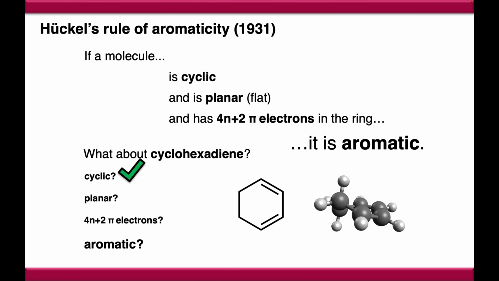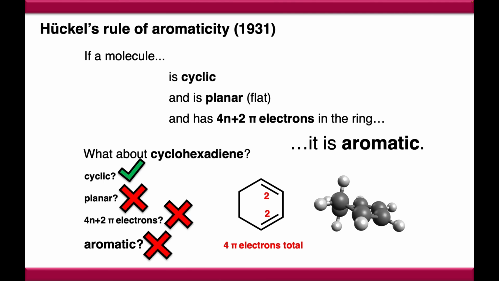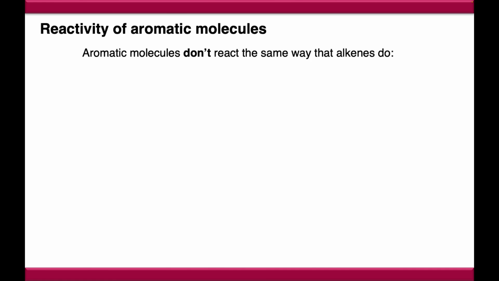So this doesn't adopt a planar conformation. So we're off to a bad start. But does it have 4n+2 pi electrons? Well, it's got 4 pi electrons. That doesn't fit the formula. That is 4n rather than 4n+2. So therefore, it isn't aromatic. So this is a really useful way of just looking at first glance at a molecule. Is it aromatic or not?